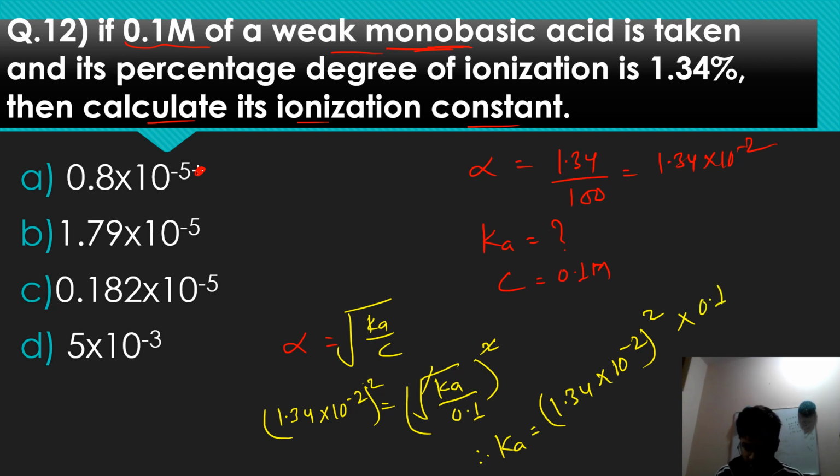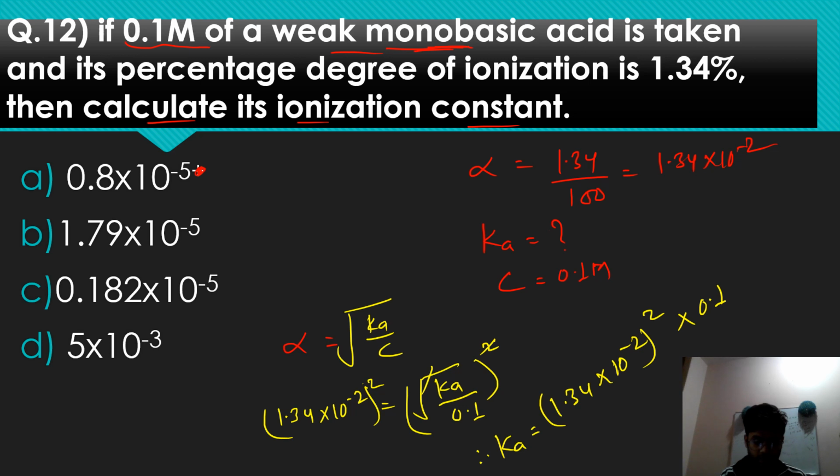So you can calculate this: (1.34 into 10 to the power minus 2) square into 0.1.